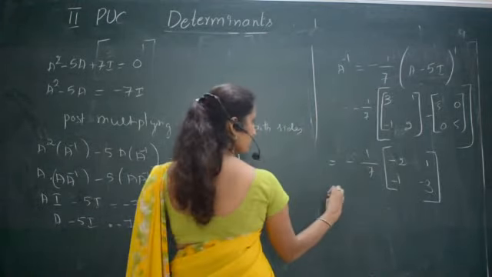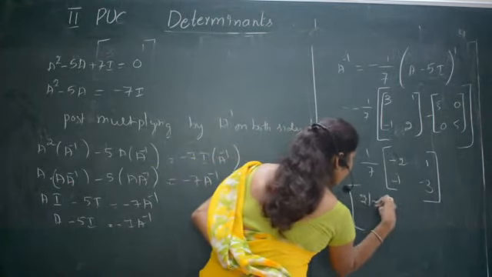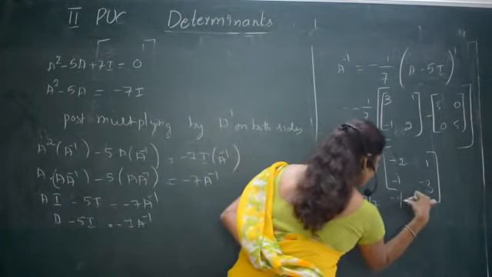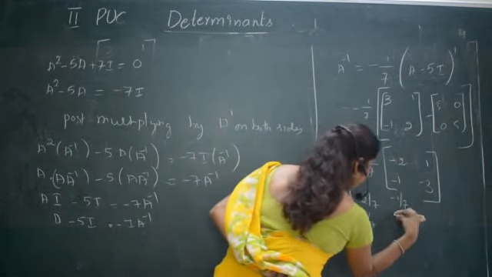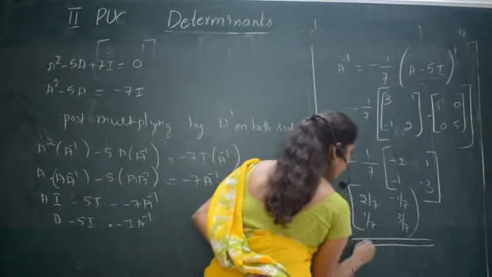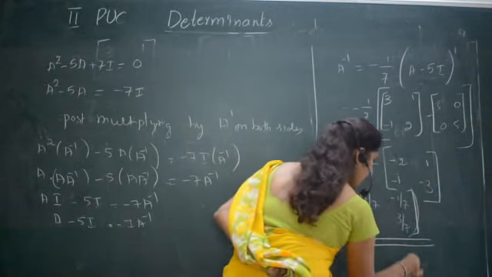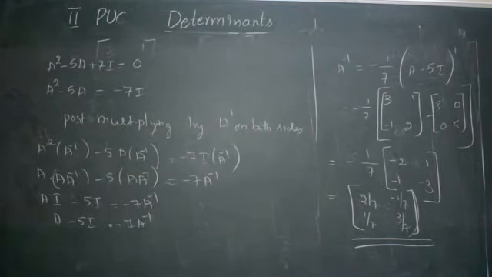So the inverse is equal to [2/7 -1/7; 1/7 3/7]. So that is the inverse.